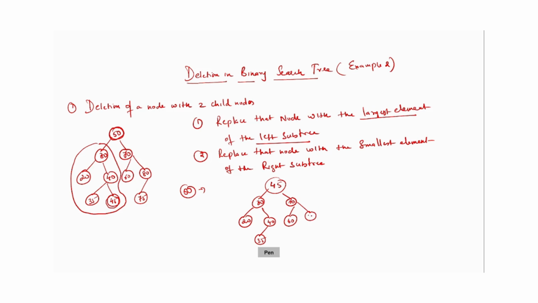So here I will write here 80 and then here 75, right? So if I want to delete, this is case 1, right? This is case 1. If I want to delete a node with two child nodes, I can replace that node with the largest element of the left subtree.